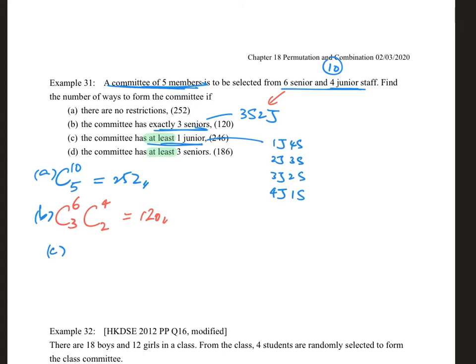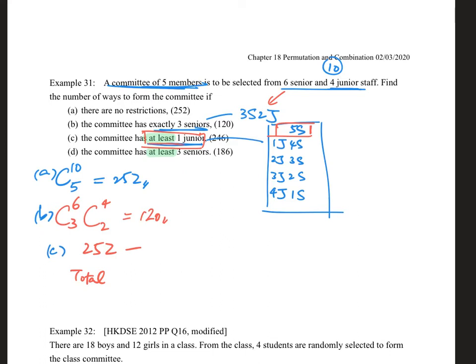So I will consider the other direction. Besides these 4 combinations, I can have no junior and 5 senior. In order to have at least 1 junior, I want to fade away this 5 senior situation. So we will use the total: the 252 we got before, minus the case of 5 senior.